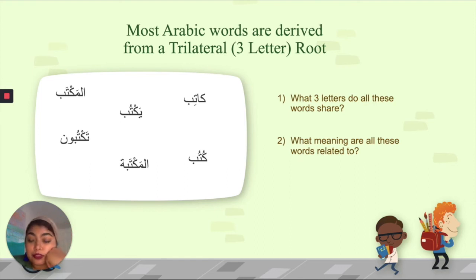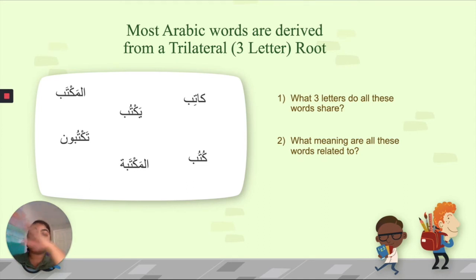So what do they all have to do with? They all have to do with writing. The verb itself, yaktub, means to write. Katib is a person who writes. Kutub are books, things that are written. Al-maktaba, library, is a place where written things are stored. Al-maktab is a desk where you sit and write.